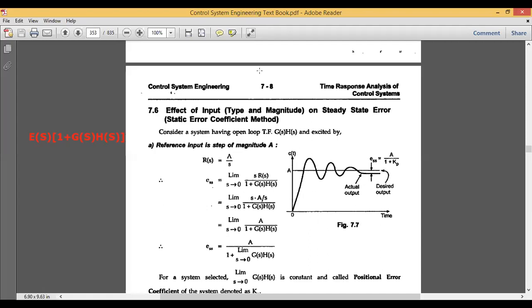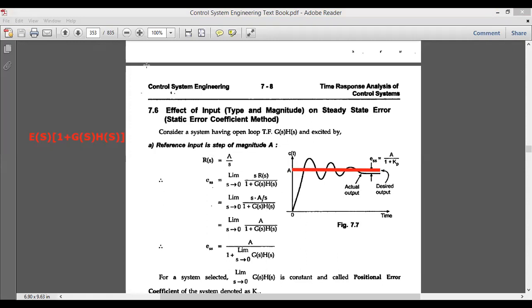Now you can see here there is one line drawn, represented by the letter A. That letter A represents my unit step signal. As we have seen in the previous class, the unit step signal is represented by A divided by s. A represents the magnitude.